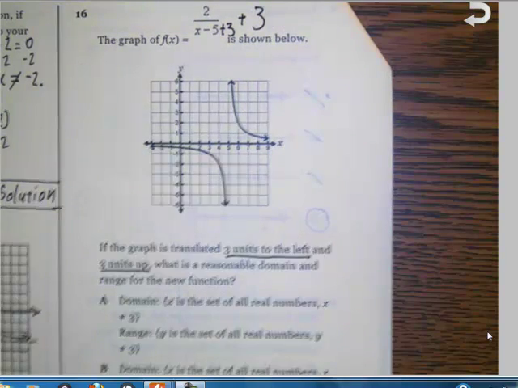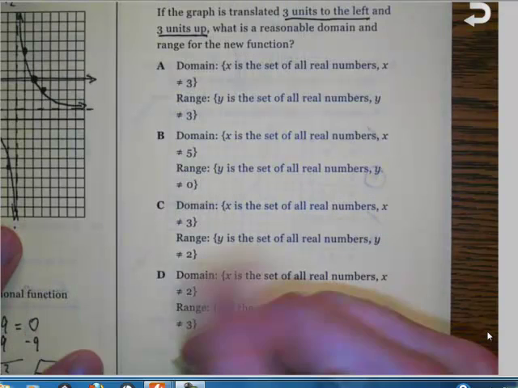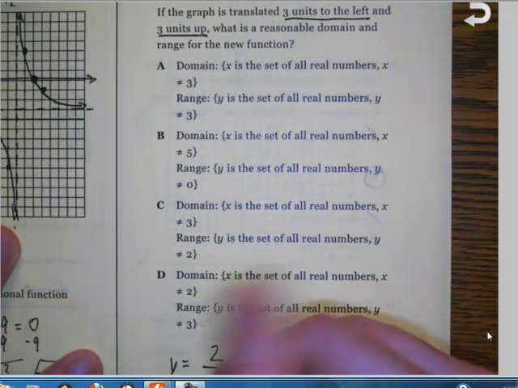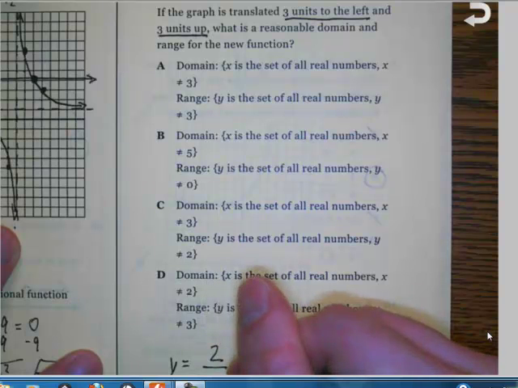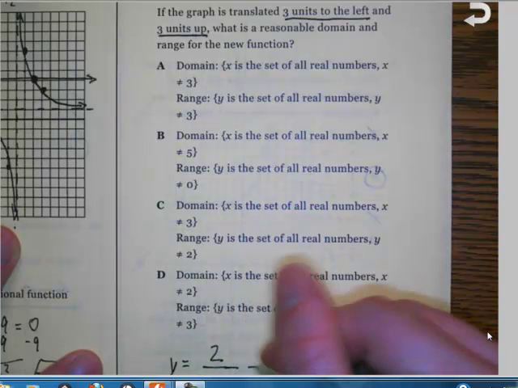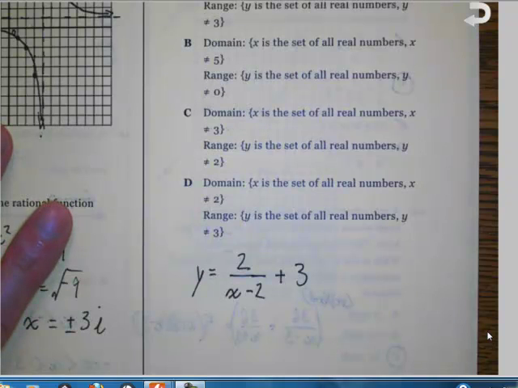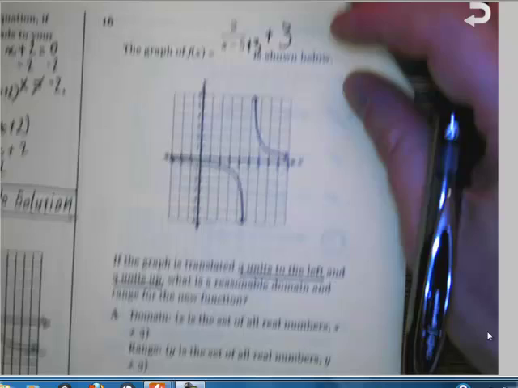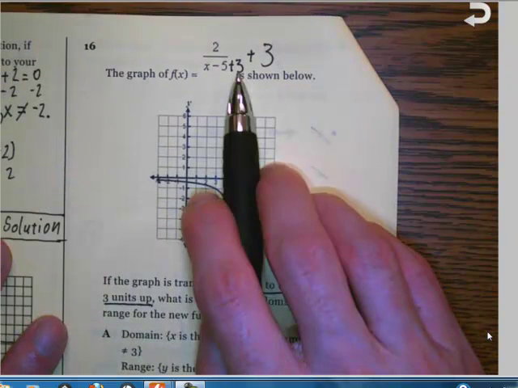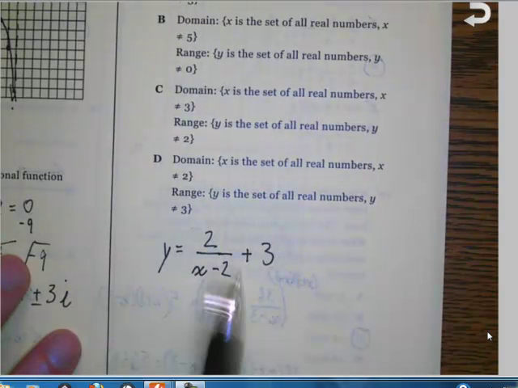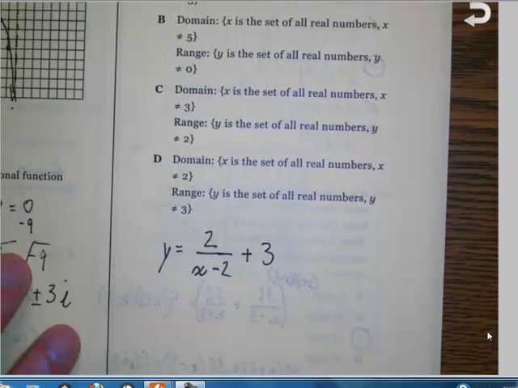So your new function is going to be y is equal to 2 over x minus 2 plus 3. This tells me, going back up here for a moment, 3 minus 5 is negative 2, and the 3 that's a constant is going to remain outside. So here's my new function, now we need to see what fits.